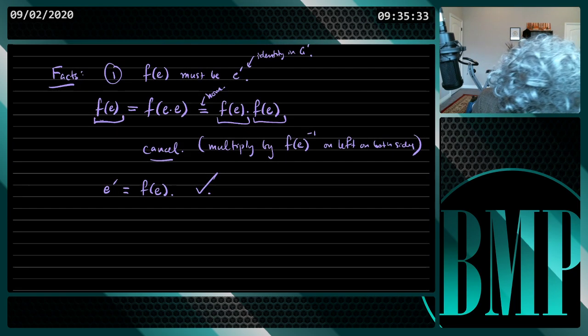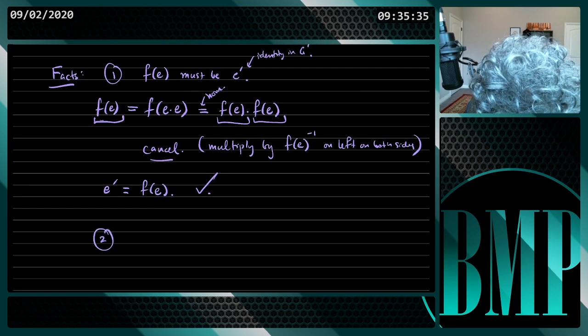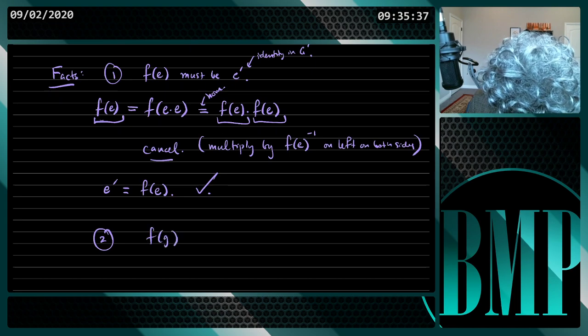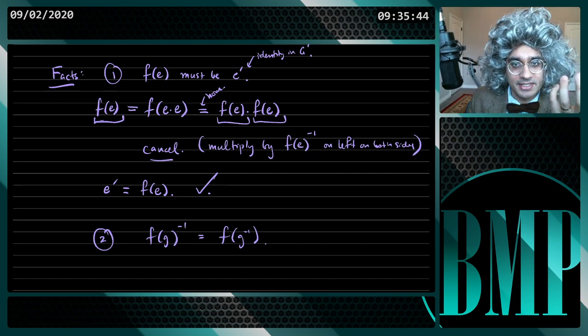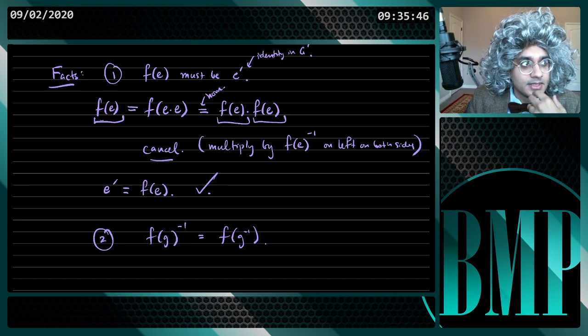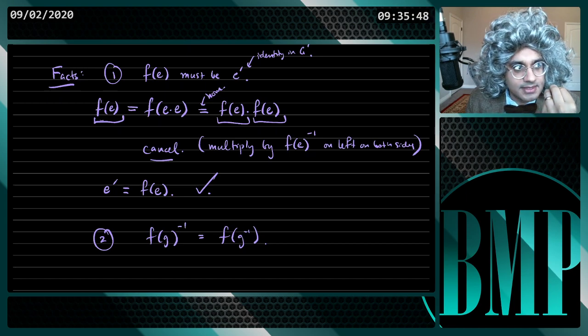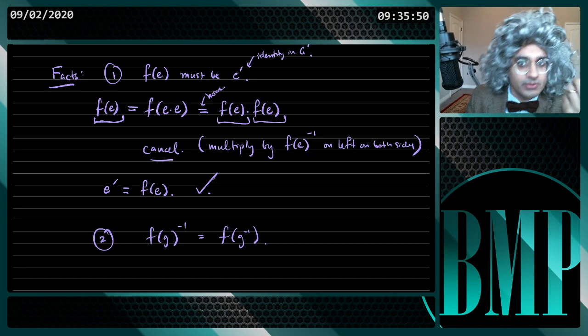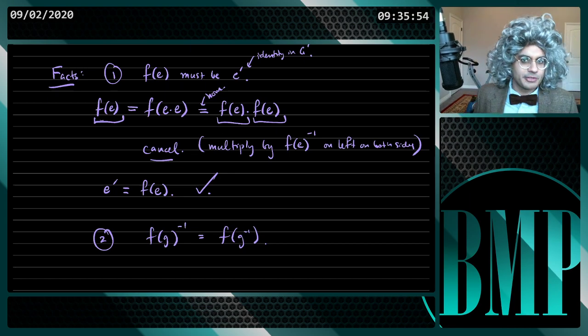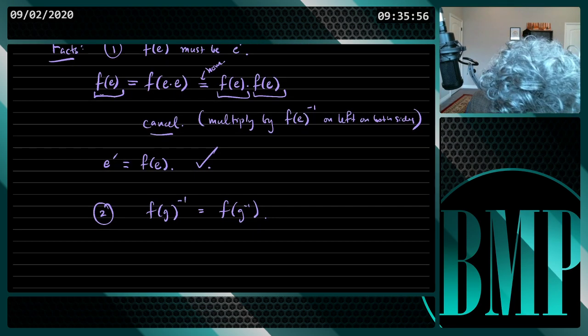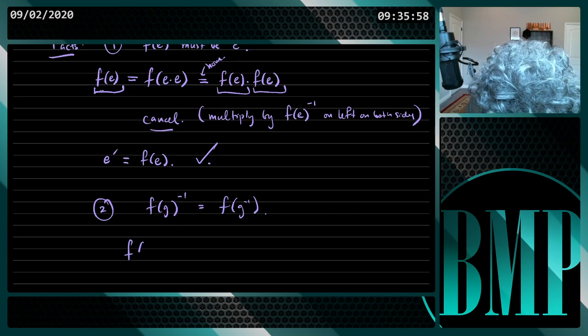Okay, another simple fact too. f of G inverse is f of G inverse. The inverse of an element gets sent to the inverse of the output of that original element. Okay, it respects inverses.